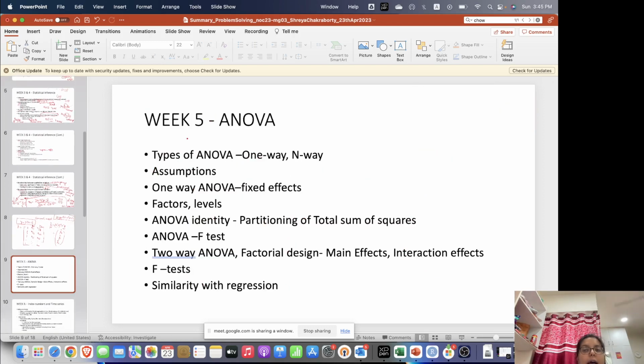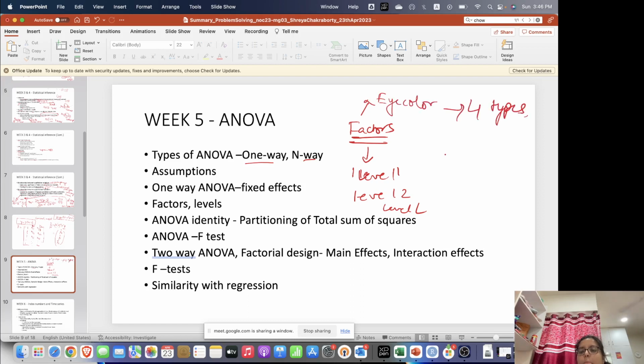Okay. And in week 5 we discussed the types of ANOVA. It could be a one way or an n way ANOVA. So what is meant by an analysis of variance? We would have factors where each factor would have level 1, level 2, let's say level L. Let's say this is something related to eye color, and eye color could be of 4 types, and let's say this is influencing some variable y.